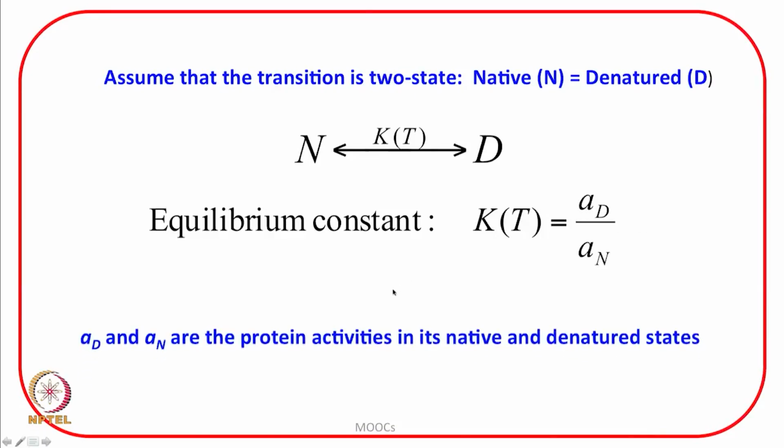If the concentrations are very low, we assume that the activities are the same as the concentrations. So KT is equal to the concentration of the denatured form divided by the concentration of the native form.